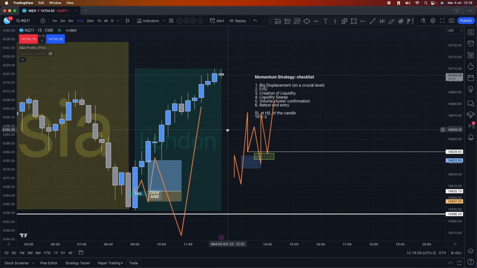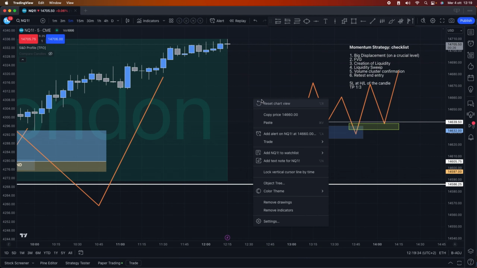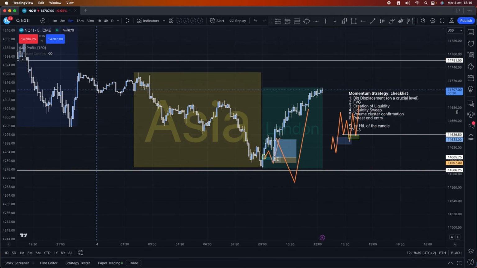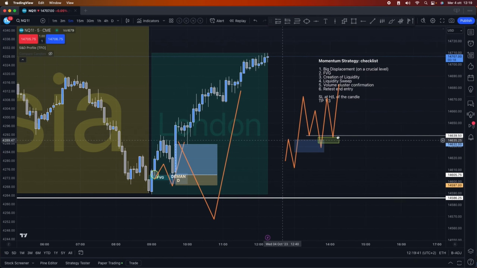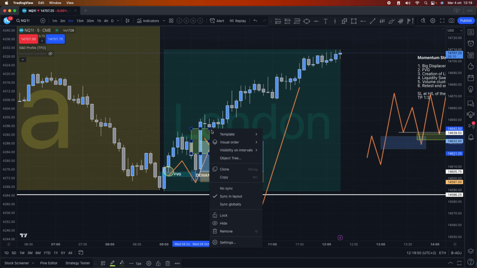The second trade that I took, sorry, is on the 5-minute time frame. Maybe I didn't tell you, this is 5 minutes. The second trade was this one. As you can see, we have another fair value gap here.